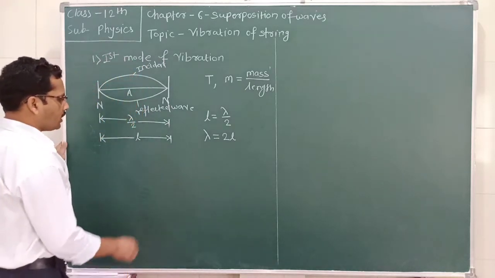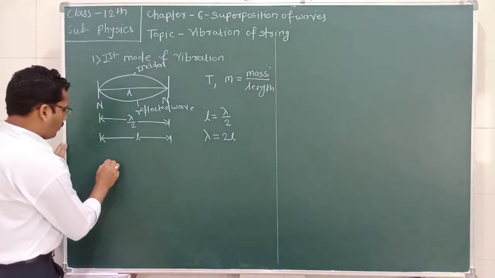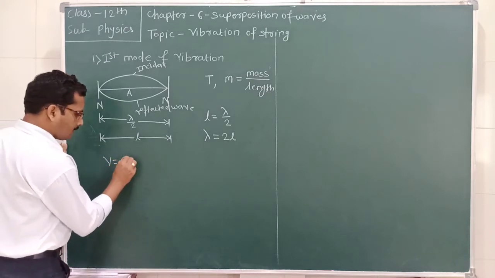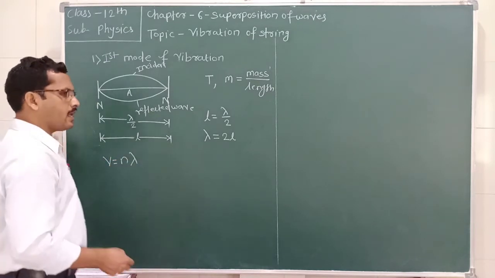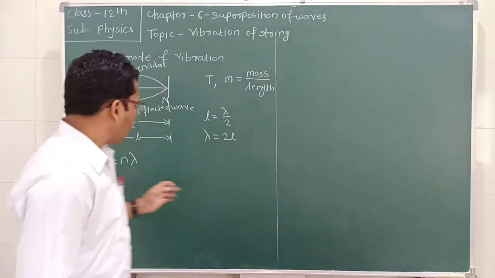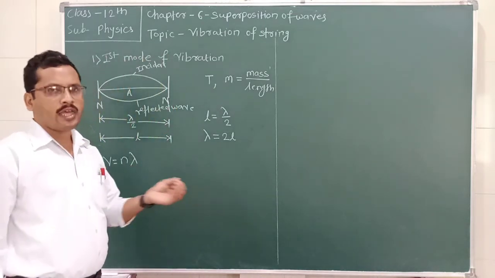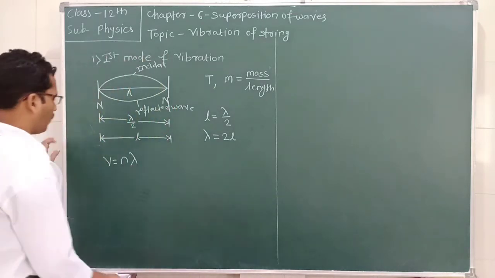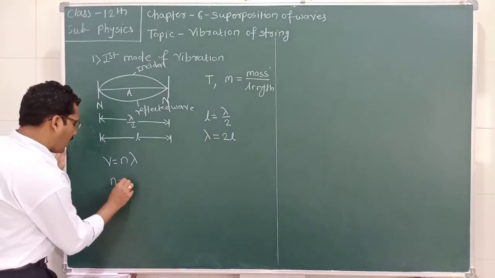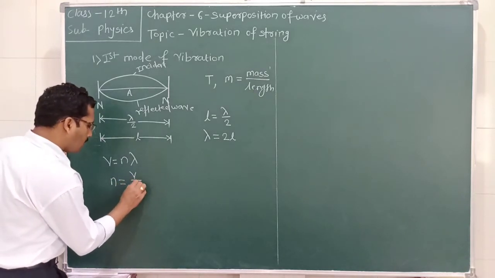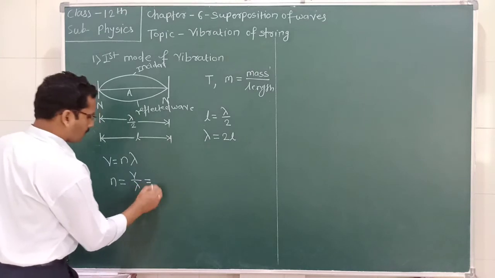V is equal to N lambda, where N is the frequency of the wave and lambda is the wavelength of the stationary wave. Therefore, N is equal to V by lambda.